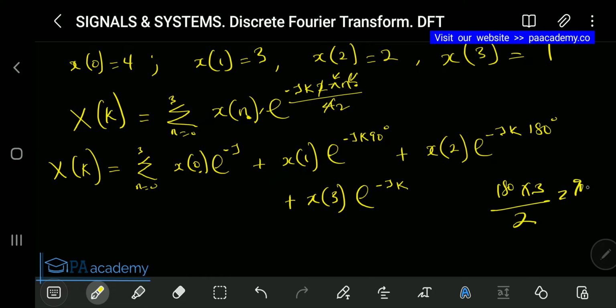So that's 90 times 3, and that should give us 270. So 270 here. All right. So the next thing we are going to do is put in the value of k in what we have in this last line.